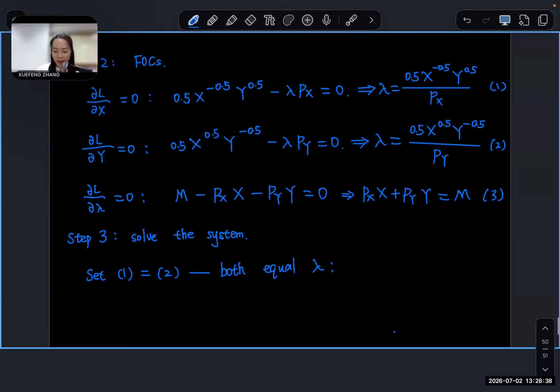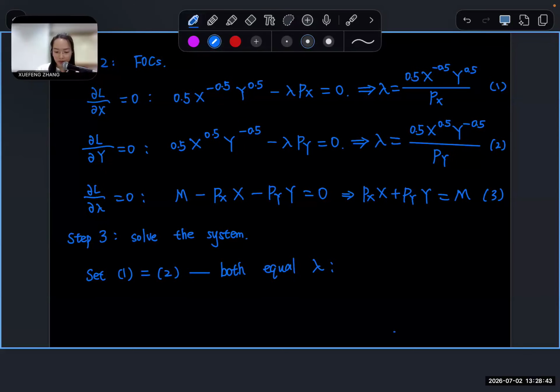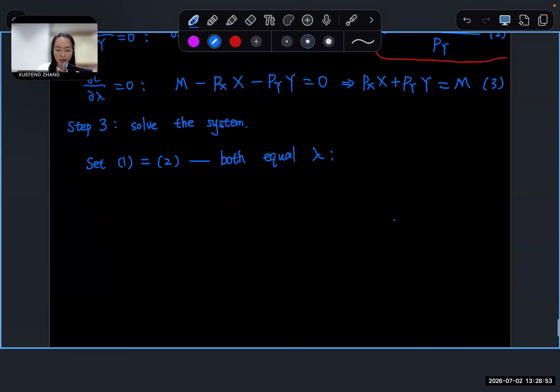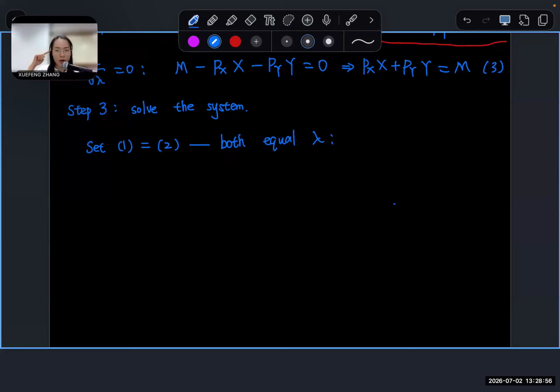What do we have? Okay, here. Okay, equation 1 and equation 2. So we set them equal because both of them equal lambda. We have 0.5 times x power negative half, y power half over price of x.